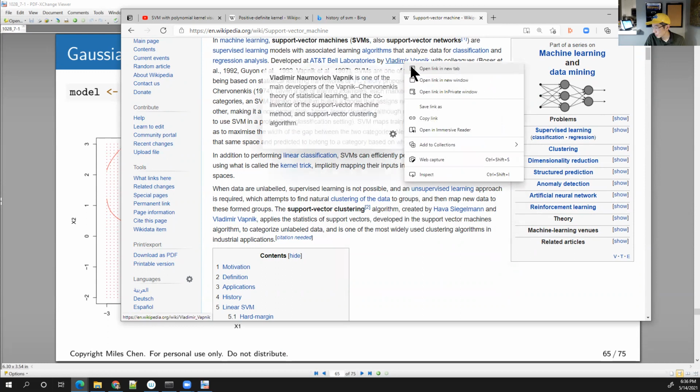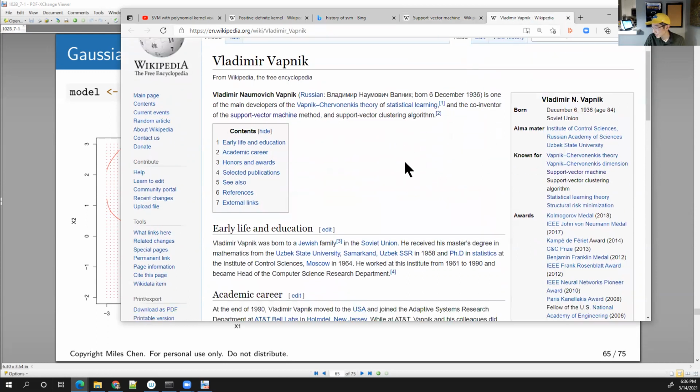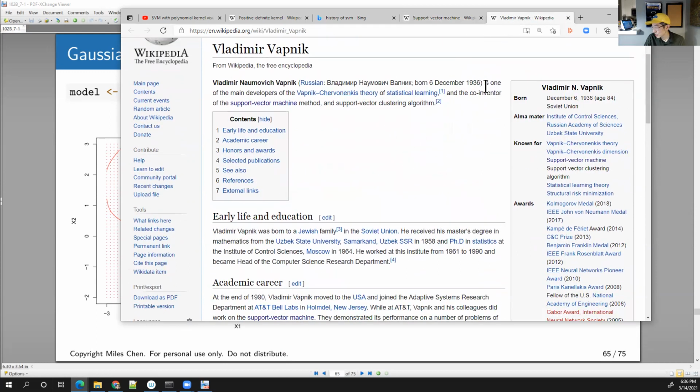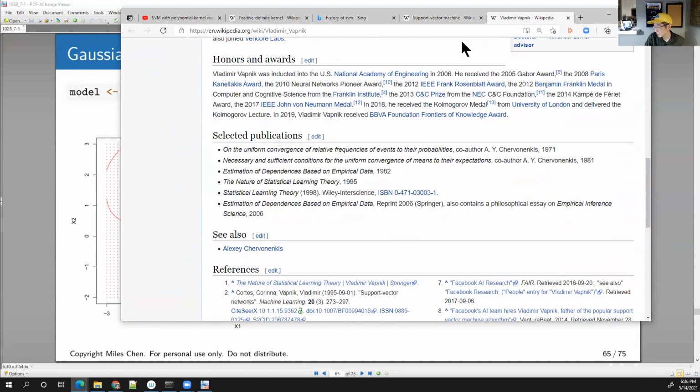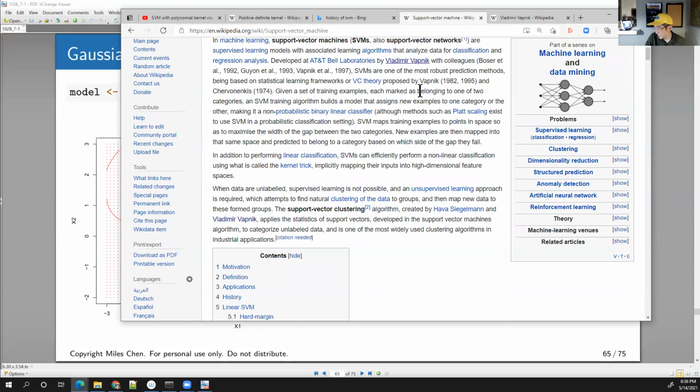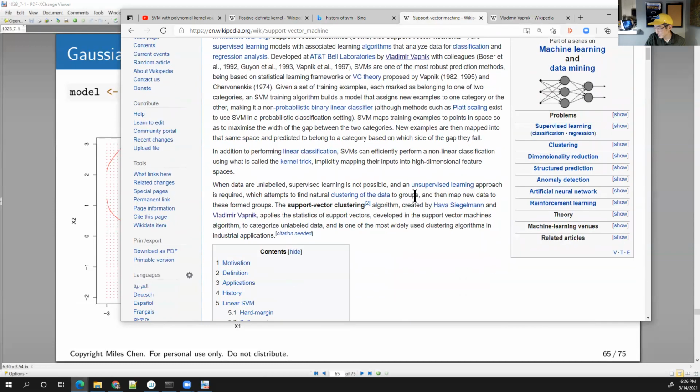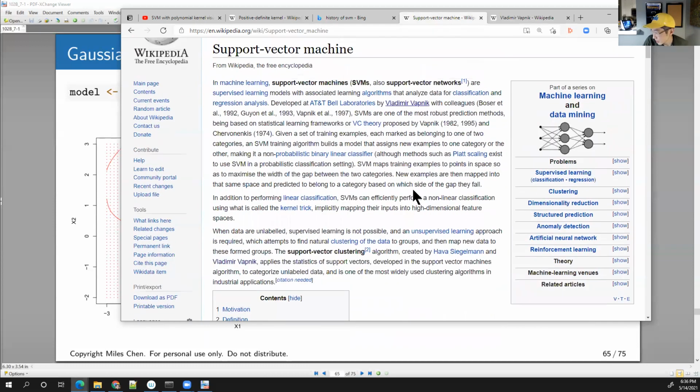Who is this person? Russian, 1936. One of the main developers of this and the co-inventor of the support vector machine. Wow, look at you. Very good.